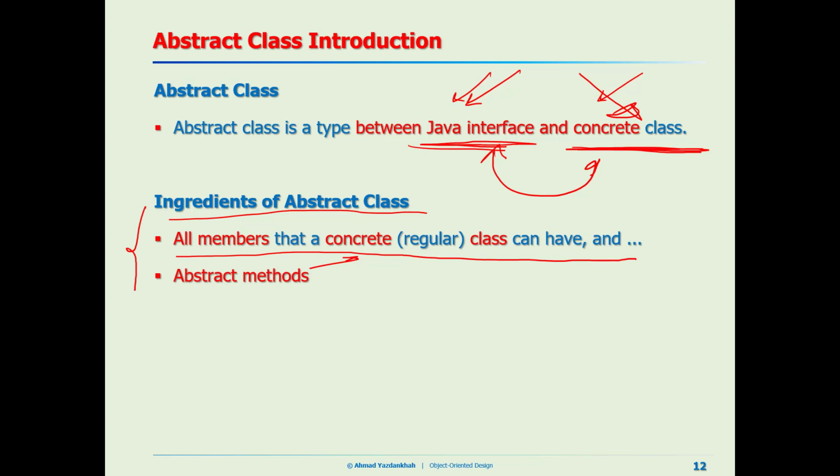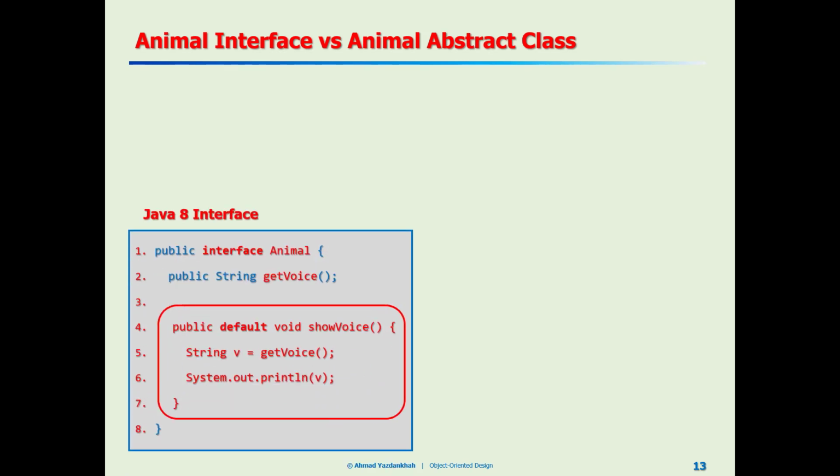Okay, so let me get back to the previous example and see how we can use an abstract class to solve the DRY violation that we mentioned in the previous slide. So this was the Java 8 solution. We still have the interface Animal, and this is an abstract method, and this is a concrete method or implemented method or default method, right?